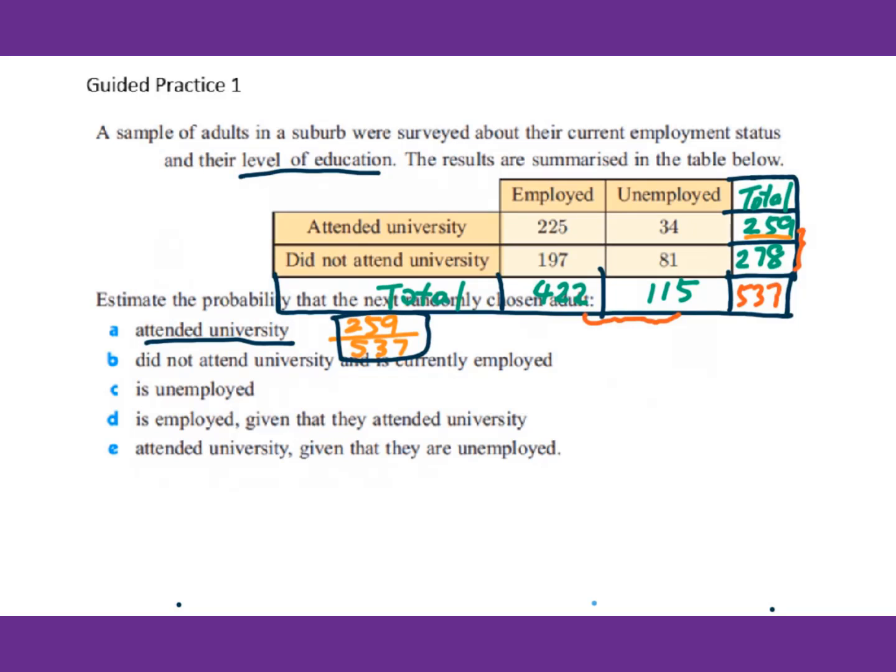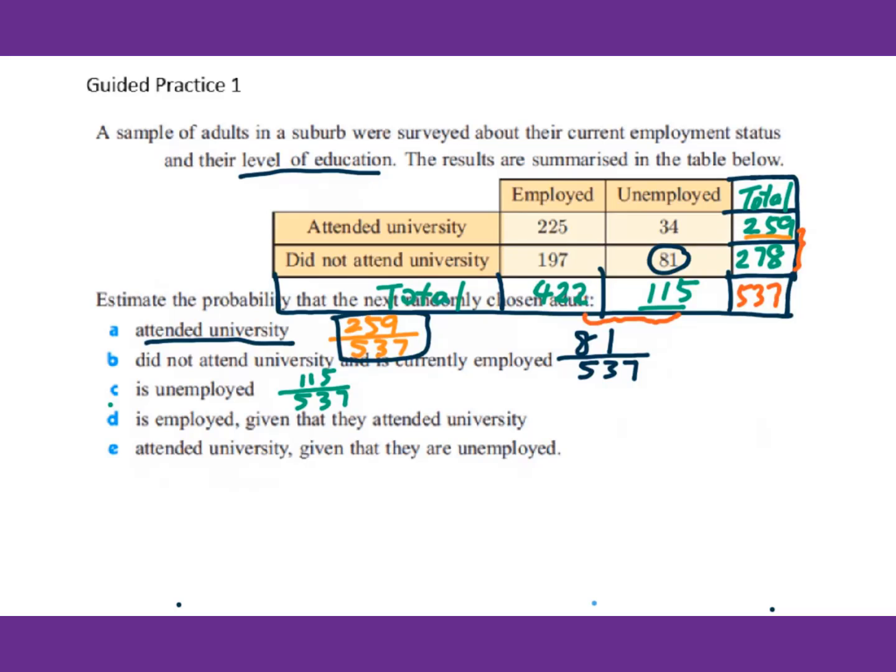Let's go to B. Didn't attend university and is currently unemployed. It will be 81 over 537. For C, it's unemployed. That means you use this number, 115 over 537.